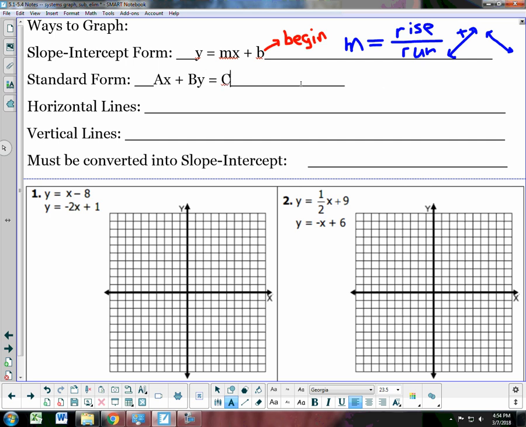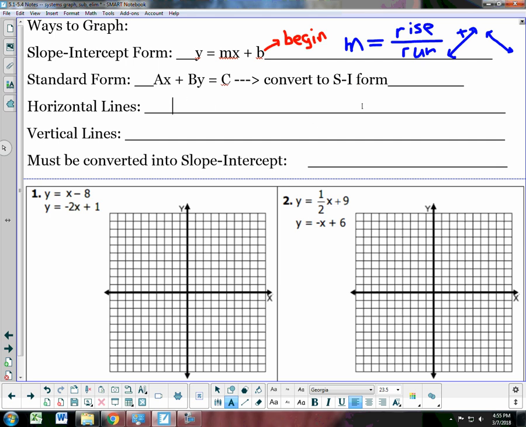If you get something that looks like that, convert it into slope-intercept form, SI for short. So the form that we just saw right above.